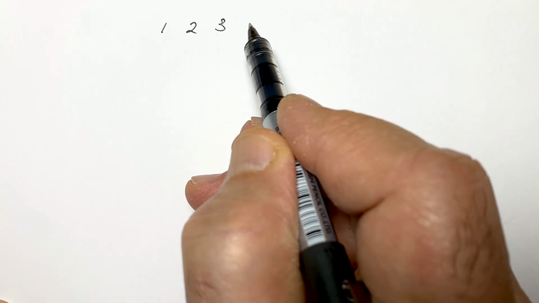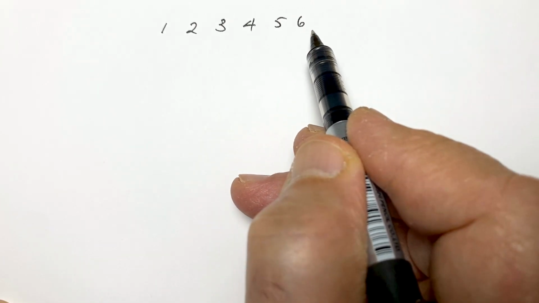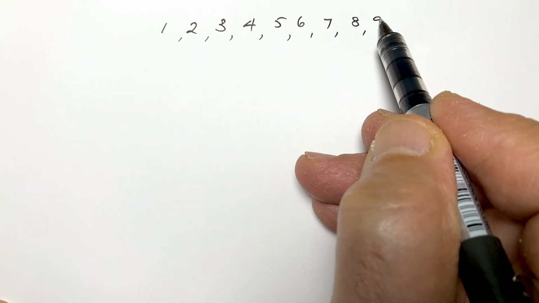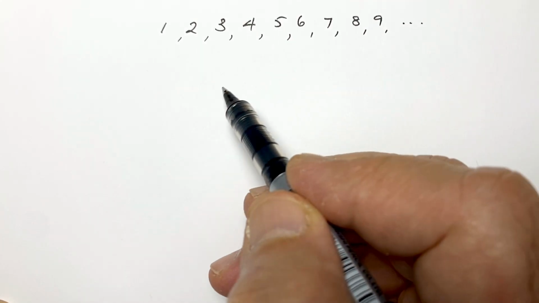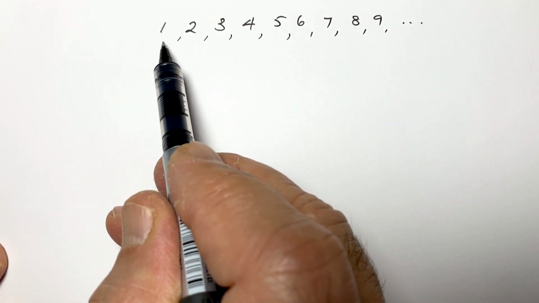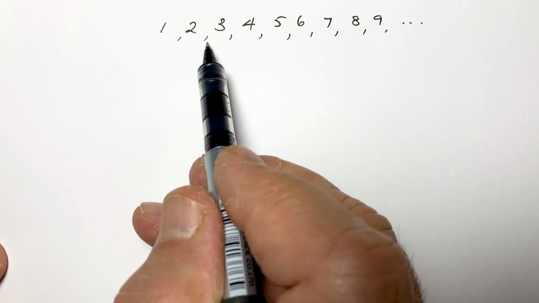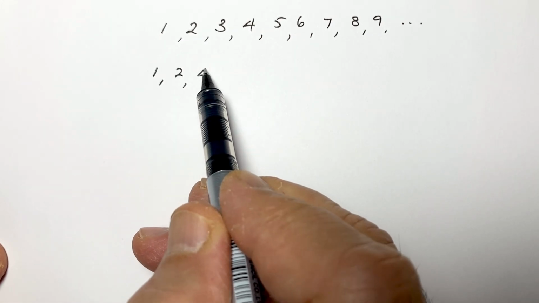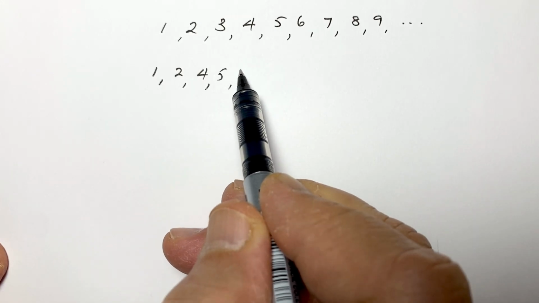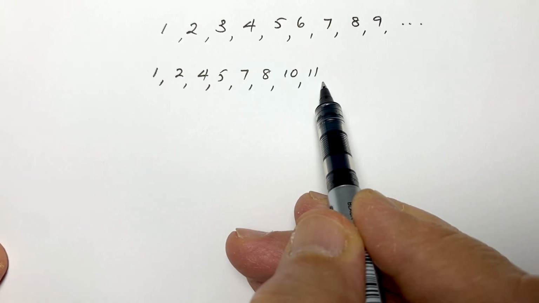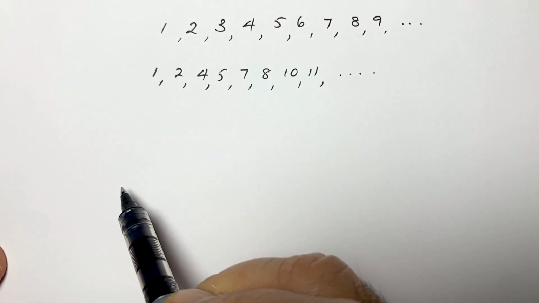Normally we have page number 1, 2, 3, 4, 5, 6, 7, 8, 9, etc. With this particular numbering, every three number they miss the third number. So we have 1, 2, miss 3, 4, 5, miss 6, 7, 8, miss 9, 10, 11, miss 12, etc.